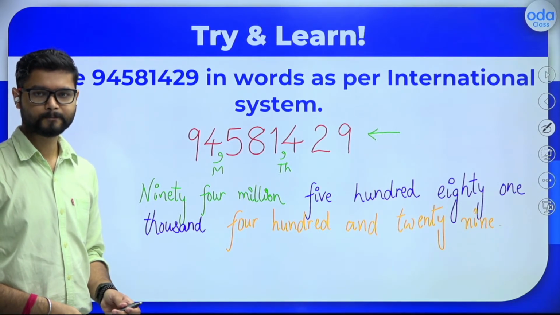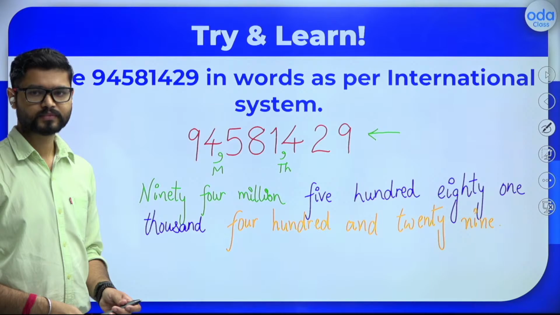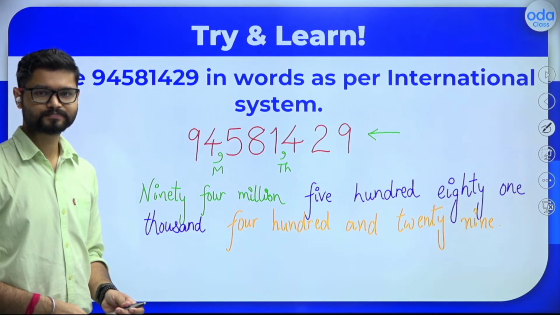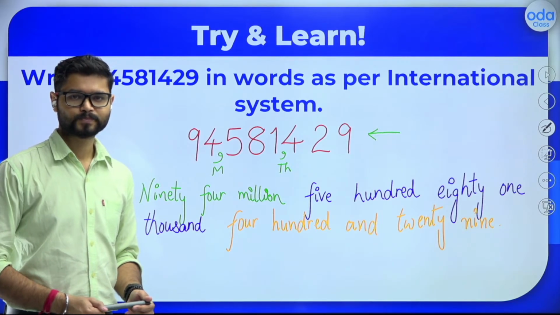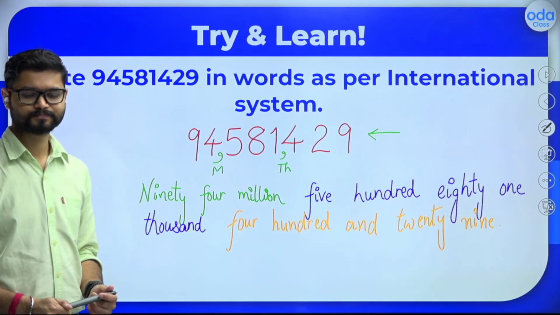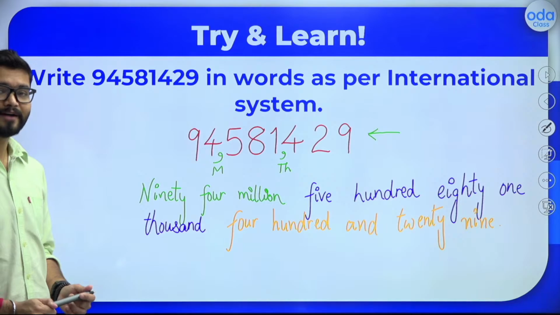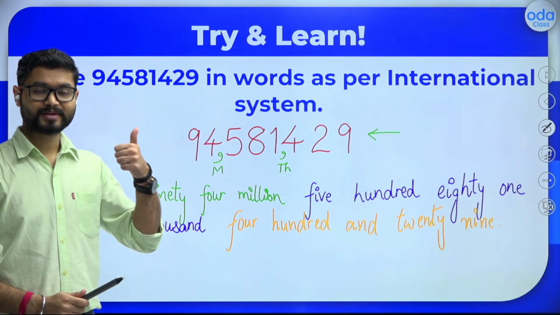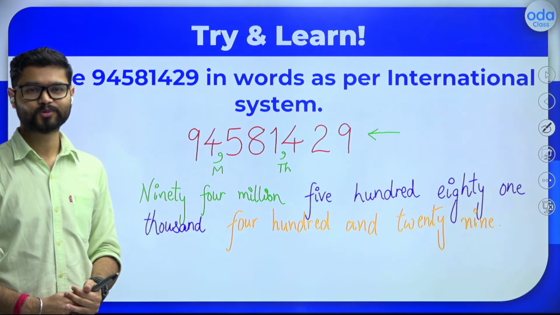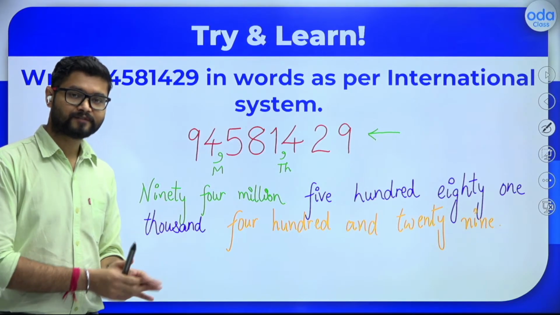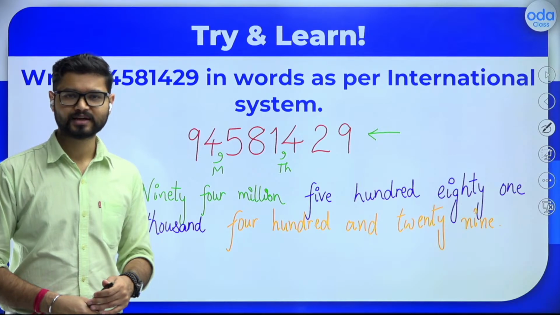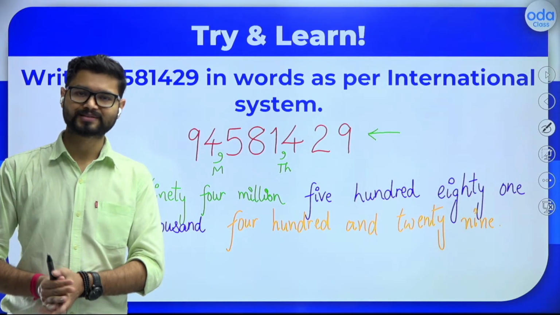If you have understood this part, great, because now we are going to do some quizzes. Based on what we have learned, the first thing is how to place commas.